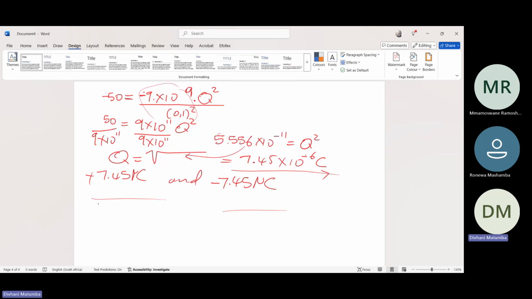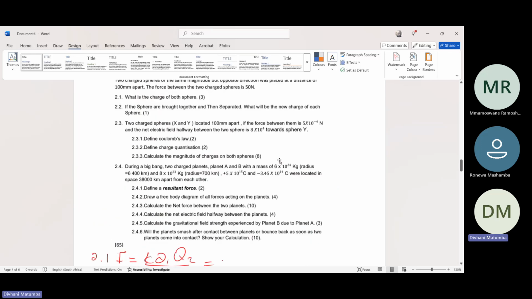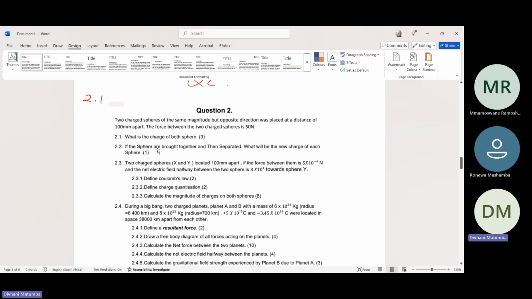Okay, and then the next question says, if the spheres are brought together and then separated, what will be the new charge of each sphere?